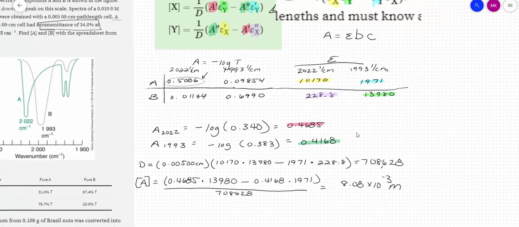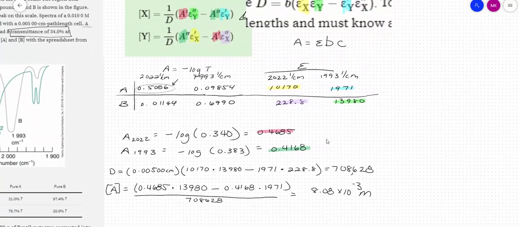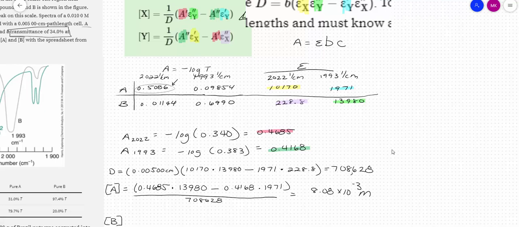So now I'm going to work on the concentration of B, which is my Y here. So the concentration of B will be generated by finding my dark green number, 0.4168, and multiplying it by my yellow number, 10170. And then I will subtract my dark pink or red number, 0.4685, times my purple number, which for some reason wouldn't highlight purple up there, 228.8.